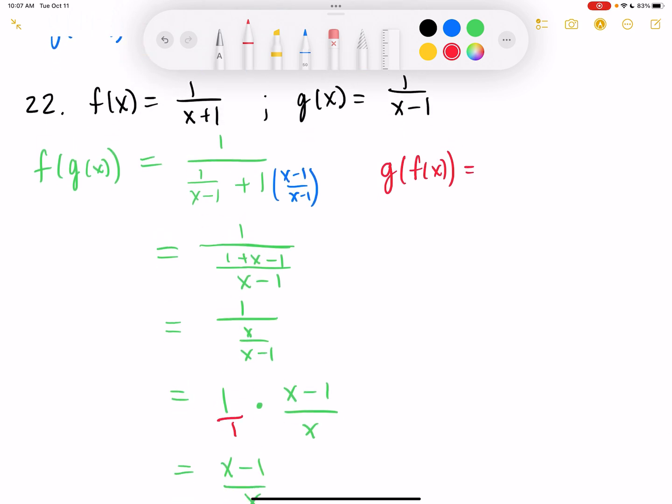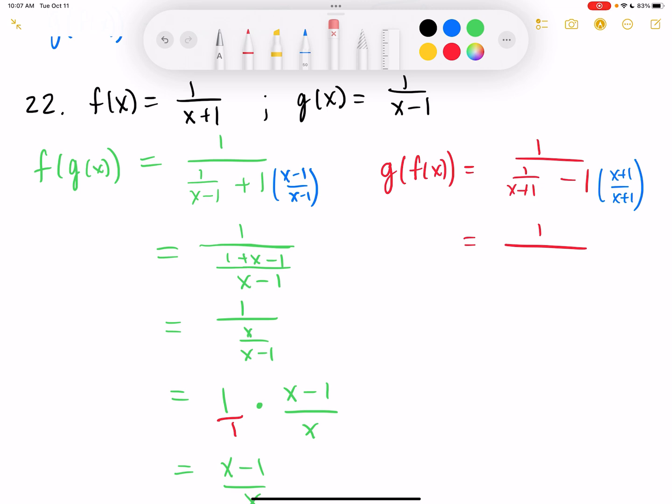Okay, all right, so we have 1 over 1 over x plus 1 minus 1. So what did you do? I multiplied by x plus 1 over x plus 1. And then I got 1 over negative 1 plus x plus 1 over x plus 1. What did you just say? Slow down.